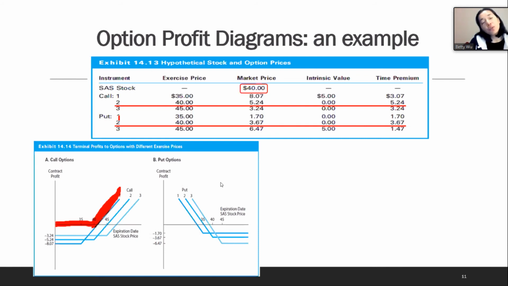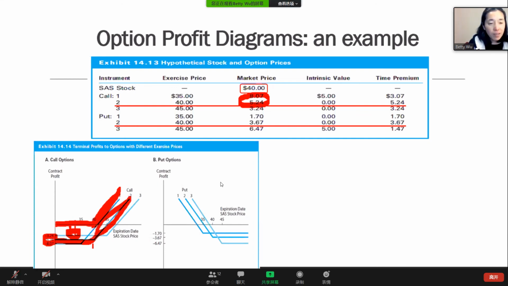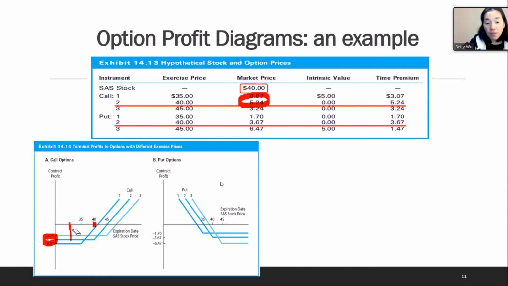If you do the profit, then you have to take into account the market price, or option premium, you have to pay. So you drop downwards to minus 5.24, and that's why you see this. This might sound a little bit silly, but it will come in very handy when you have a collection or some kind of option portfolio.